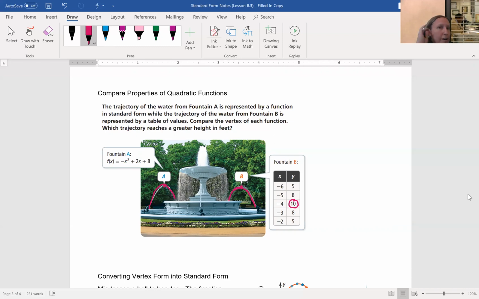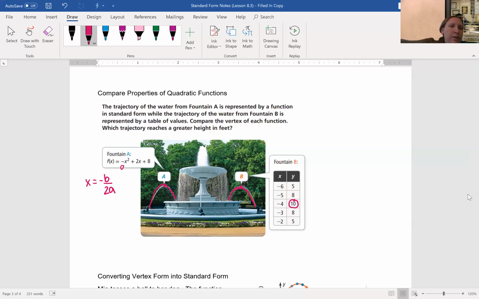We need to figure out now the greatest height of fountain A, okay? So we need the y value of the vertex. That's going to be the greatest height. Okay, but we can't know the y value until we know the x value. And the x value is going to come from the axis of symmetry. So we're going to do x equals -b over 2a.